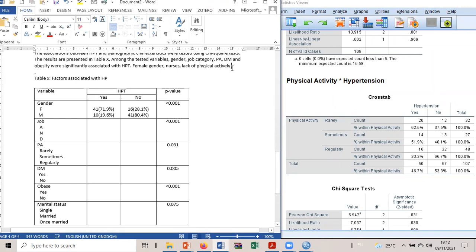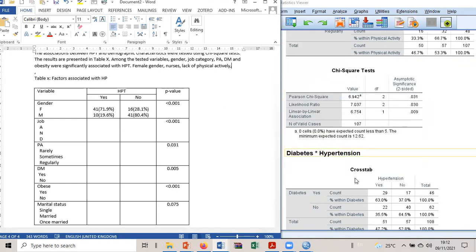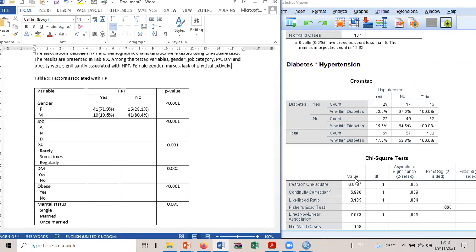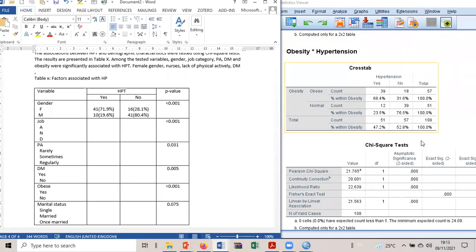Next, diabetes. Whose side? Diabetic or non-diabetic? Diabetes. Next one, obesity. Whose side? Who is obese?